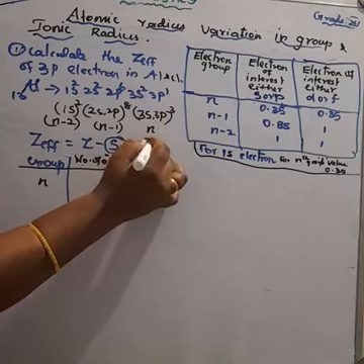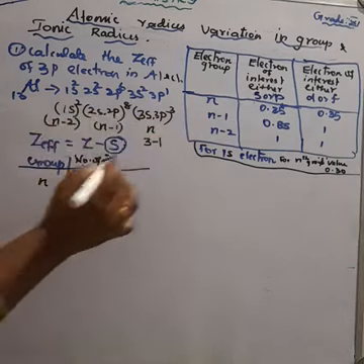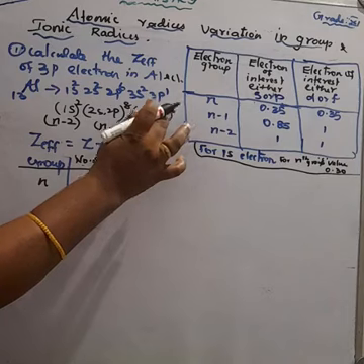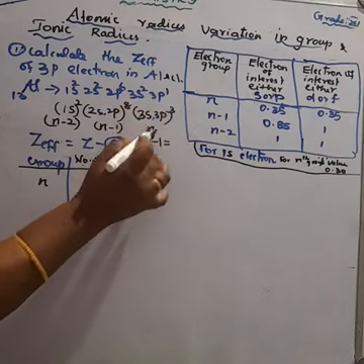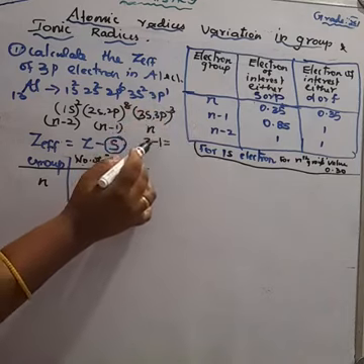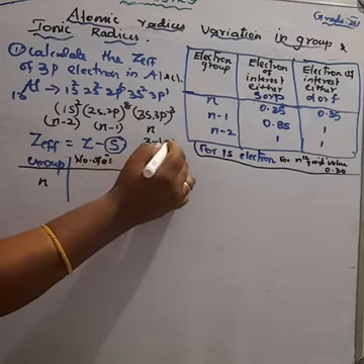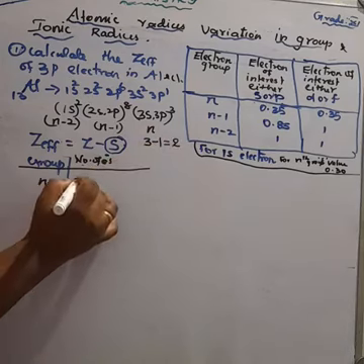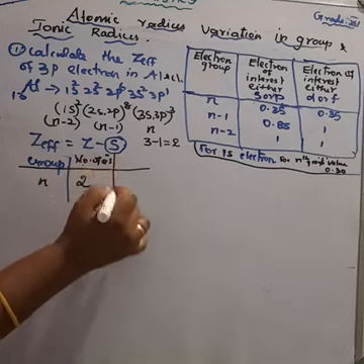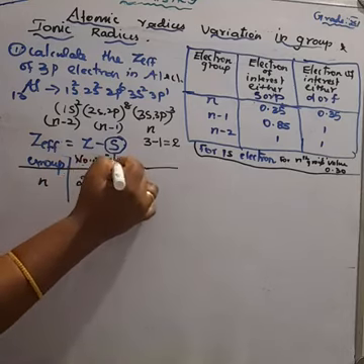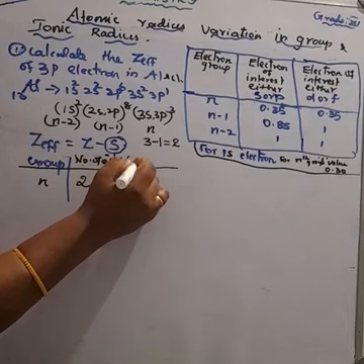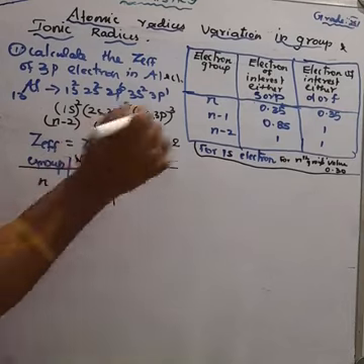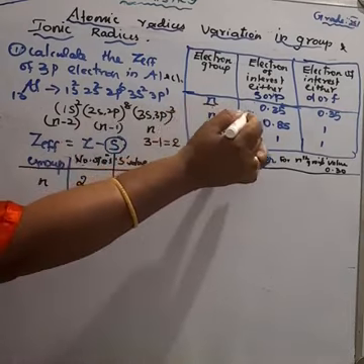So 3 minus 1 is 2 electrons in the nth group. After that, what is the given S value for the nth group for S and P groups? That is 0.35.